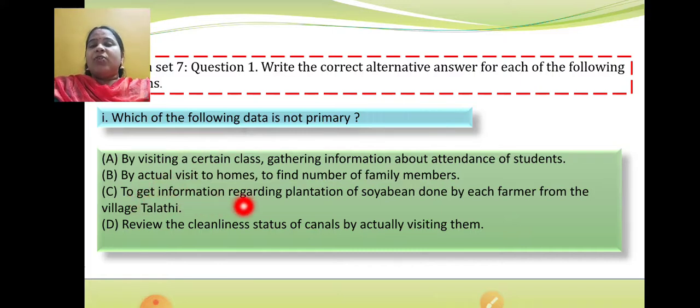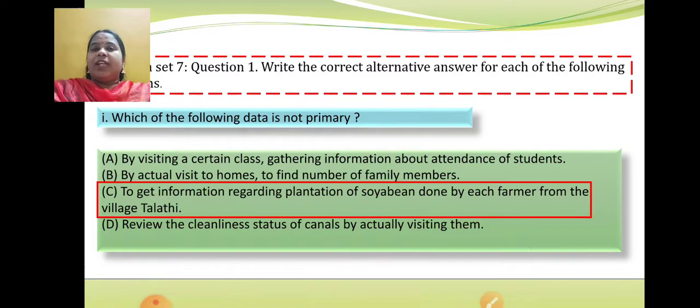Last option is review the cleanliness status of canals by actually visiting them, again it is a primary data. So out of these four options, read the third one, to get the information regarding plantation of soya bean done by each farmer from the village. Now we are getting the information from there. We are not personally going and collecting the information. Okay. So which one is not a primary data from all this? Option C. That is secondary data.